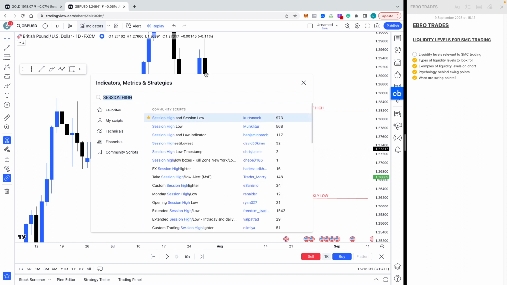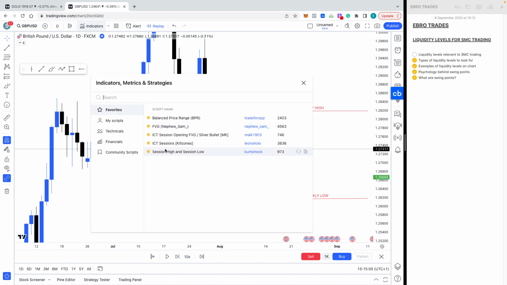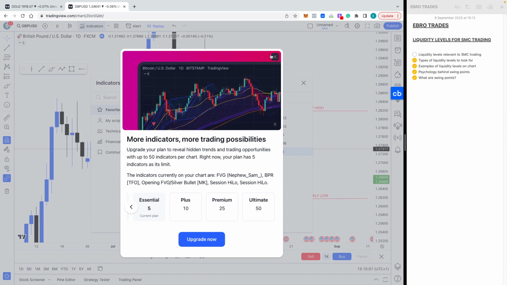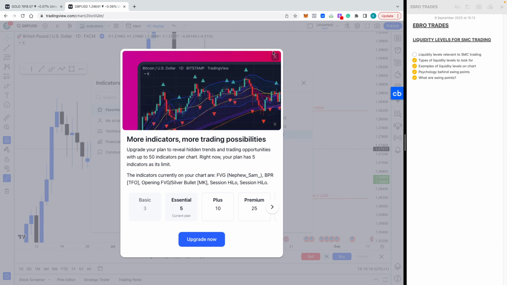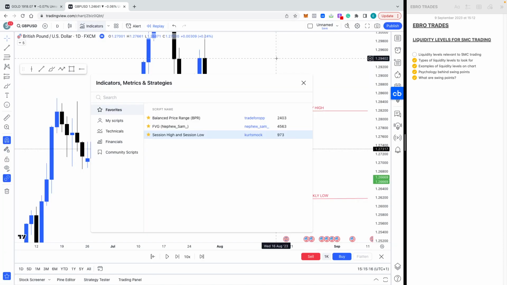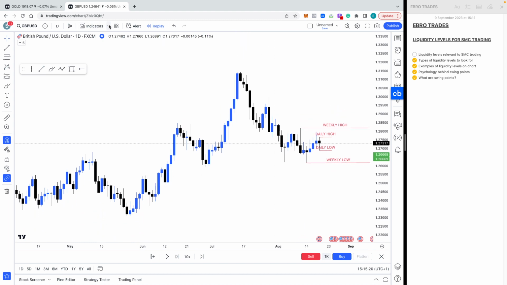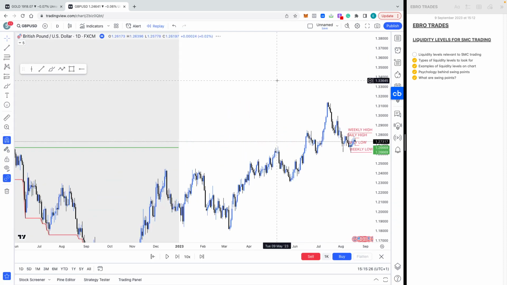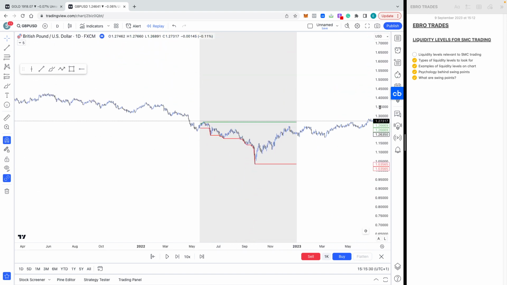So just choose an indicator and let's see if we can. All right, so this isn't working for some reason, but essentially, I've got too many indicators on my chart. Let's see. All right, we're giving up on that. Oh no, here we are. Okay, so the indicator is showing.